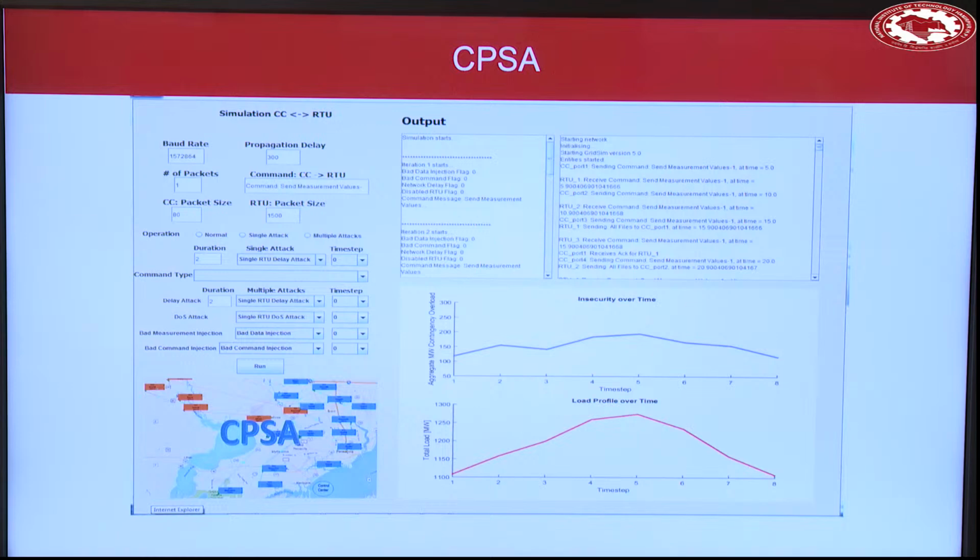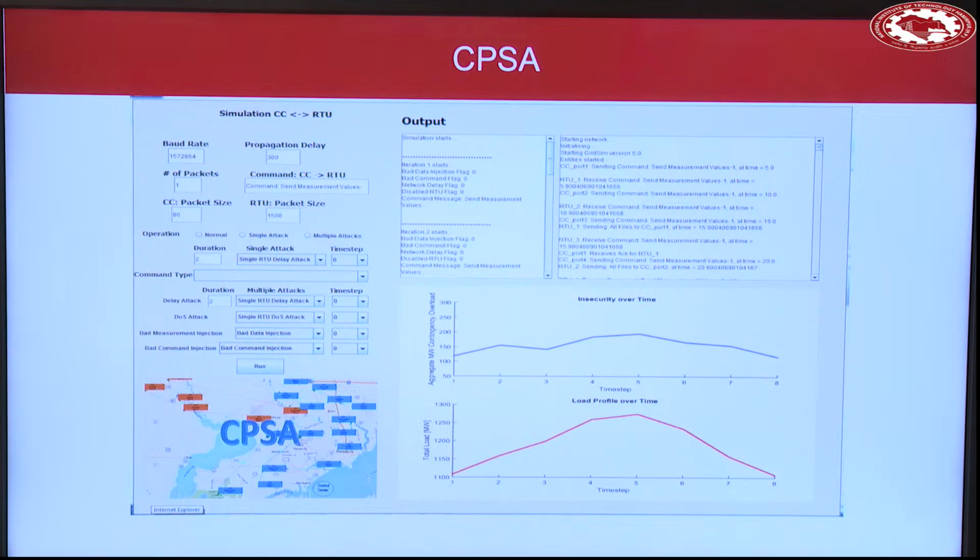Is it data? If it is data, that's sent from RTU to control center. If it is a command, it's sent from control center to RTU to substation. What is the packet size at control center? What is the packet size expected at RTU?